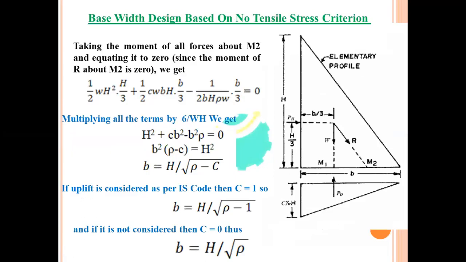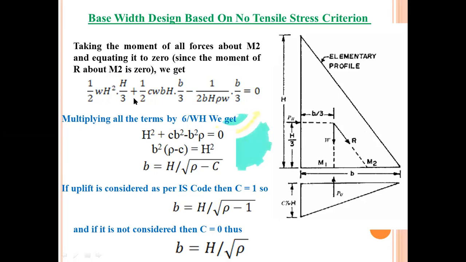So now we are adding all these forces. First one, water pressure, half W H square, into H by 3. At what distance is it acting? H by 3 distance. So half W H square into H by 3. It is in the horizontal direction, that's why the sign is plus.